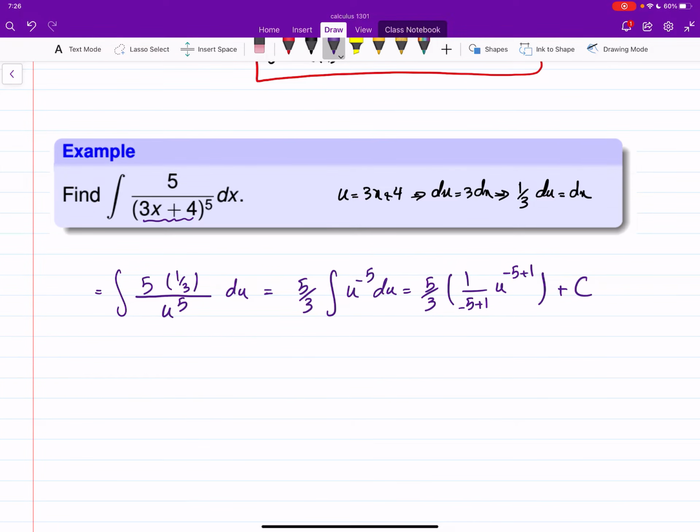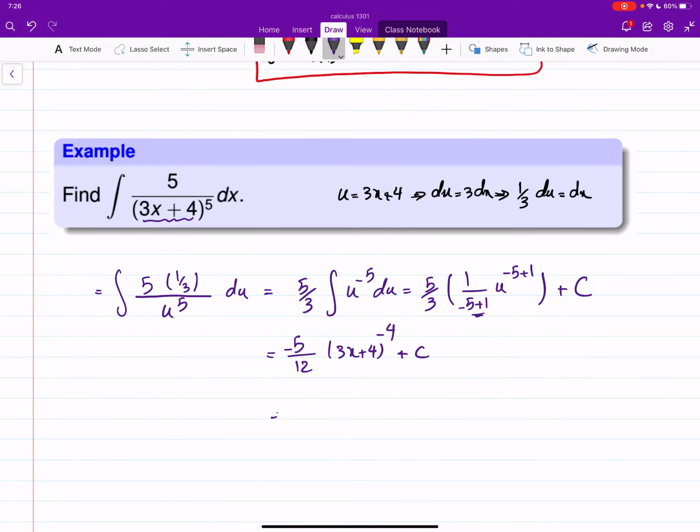I can plug it back in, so I will get 5 over, the denominator being negative 4 times 3, negative 12, times u to the power negative 4, where u is 3x plus 4, to the power negative 4, plus c.